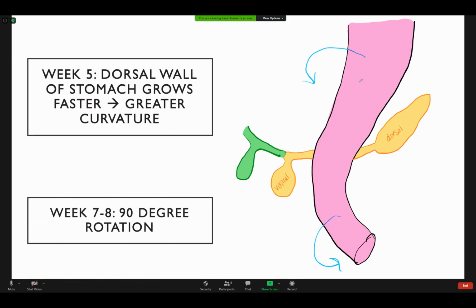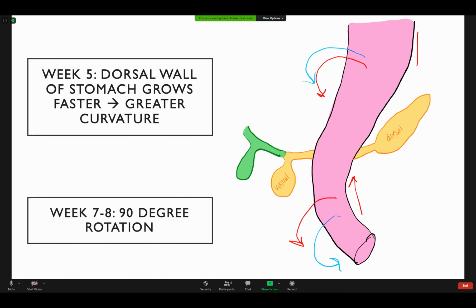But what's really cool is it's also going to rotate. See, so many rotations. But this one is going to rotate like this. And as it does that, it's going to then pull on this part down here, which is the duodenum. And as that's happening, it's going to then kind of pull this part upwards. And that's what's actually going to form the C curve of the duodenum.